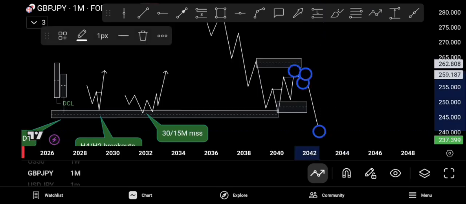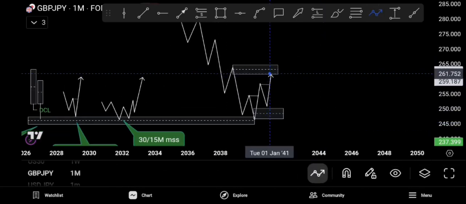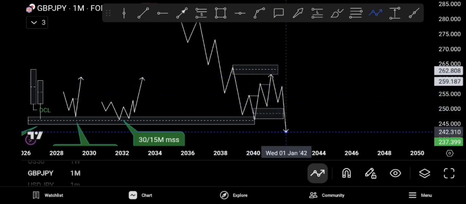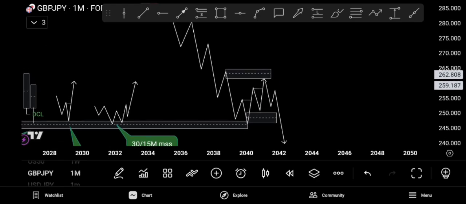But the best way to do all this now is when, let's say, we now have this, price will come and take you out. Let me change this to red.